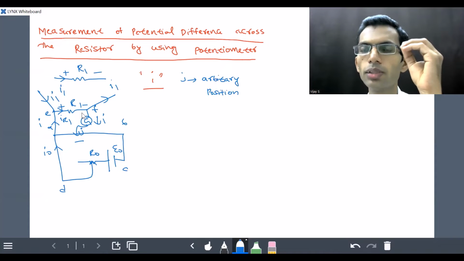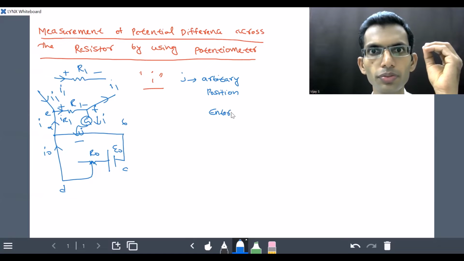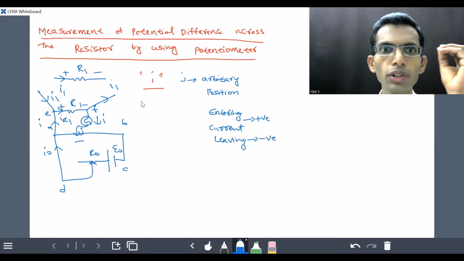At any junction, the algebraic sum of the currents must be 0. Let us take entering current as positive, so leaving current is going to be negative. So when we apply KCL at E, what are we going to get?